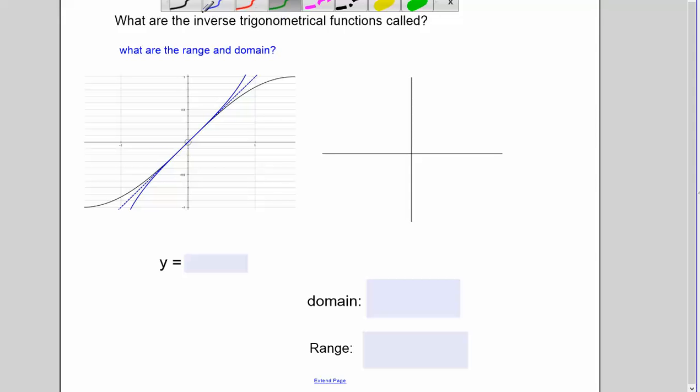So it comes down like that, and then it sort of goes down the other way. So that's the general shape of our inverse function for sine.